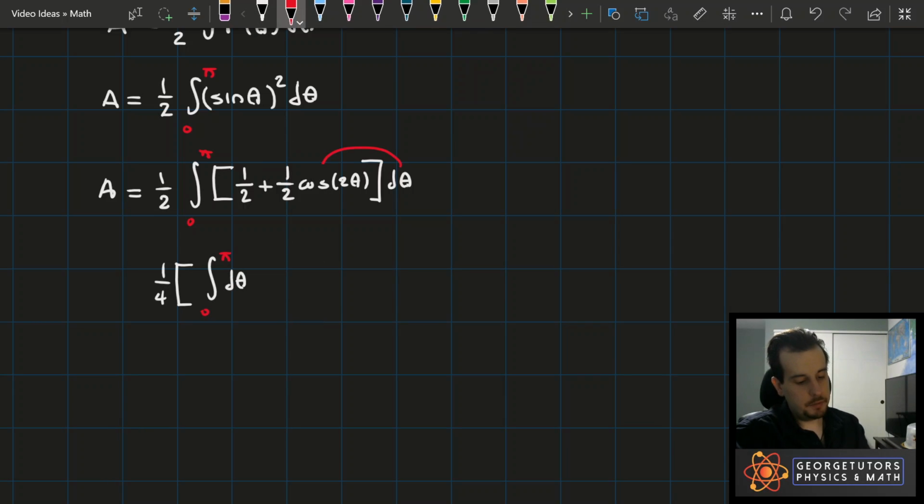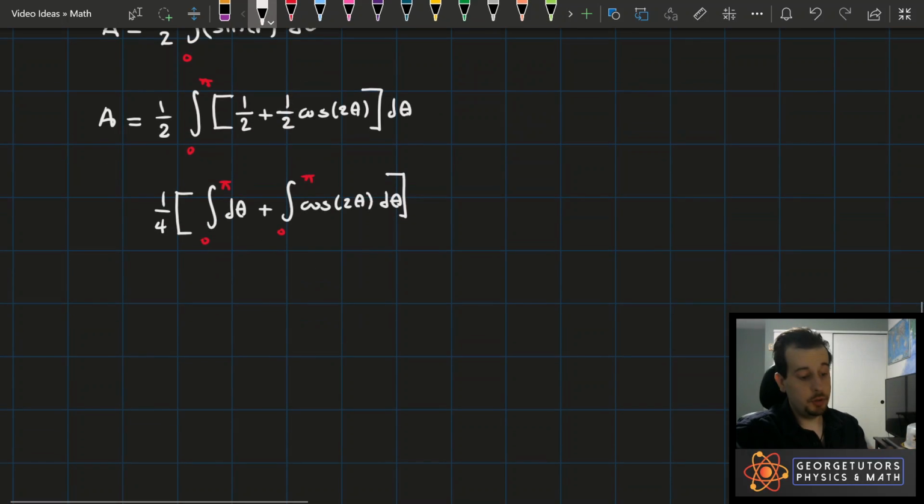And then we're going to have plus the integral of cos 2 theta d theta from 0 to pi as well. Okay, and then we can do antiderivatives pretty easily. So we have basically here theta, and for the cos 2 theta, where did it come from?